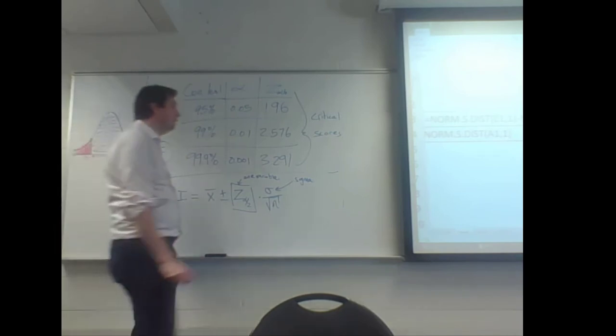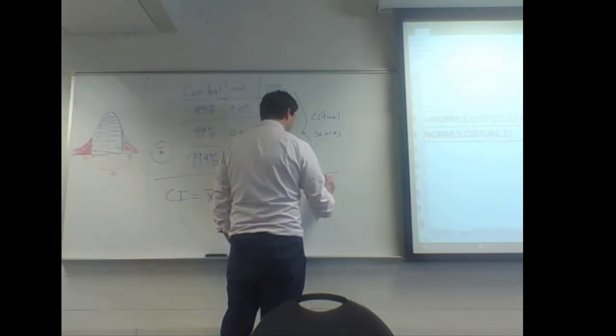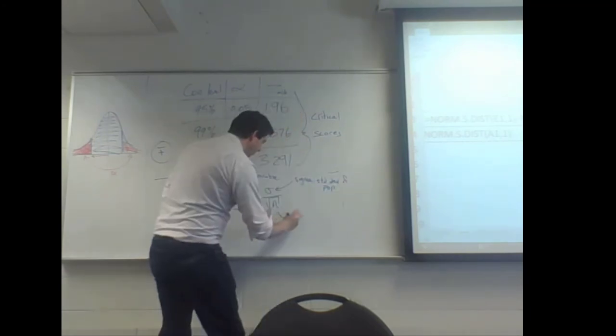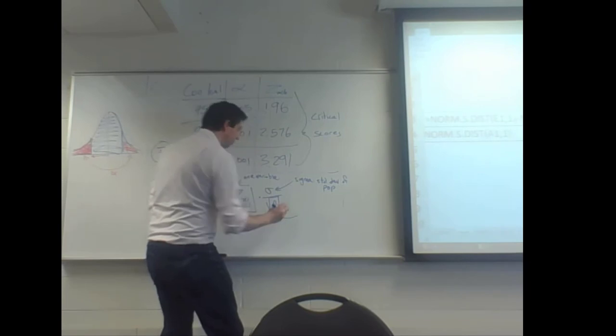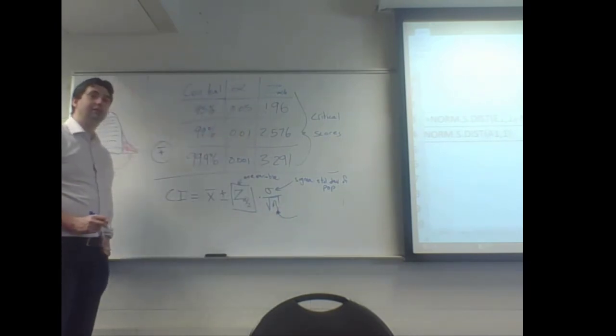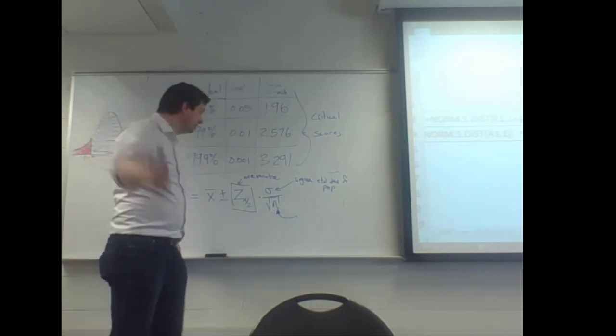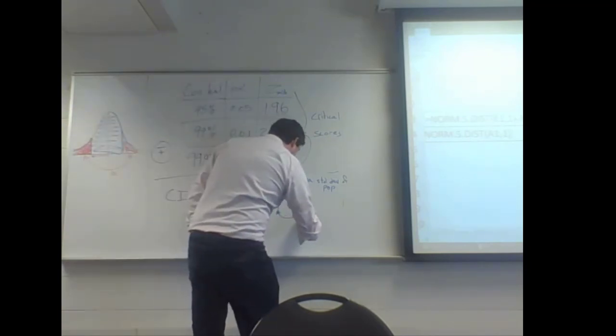Standard deviation of the population. What is n? Number of observations, also known as our sample size.